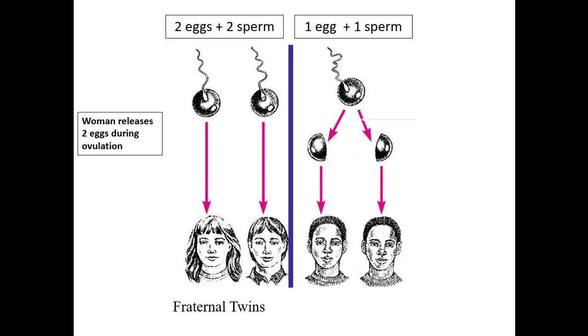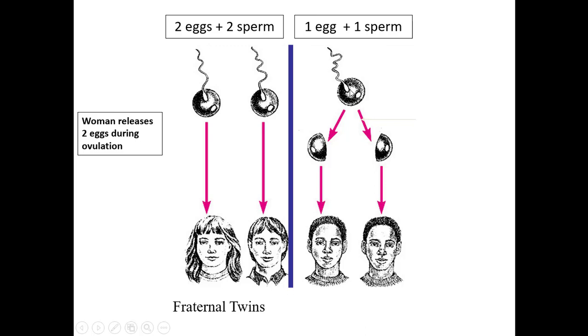With identical twins, what occurs is you have one egg that's fertilized. This fertilized egg begins the process of cell division, and during this process, the embryo splits. When it splits, each part begins to divide independently. However, remember, they both started from just one fertilized egg.